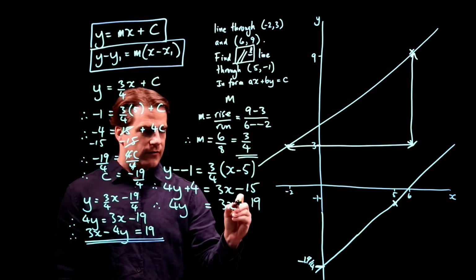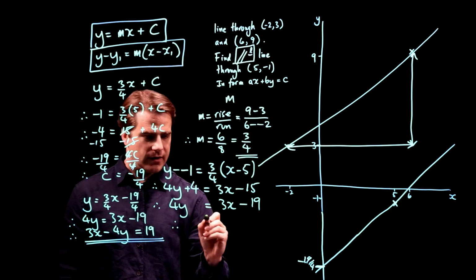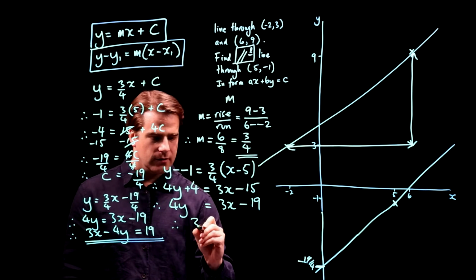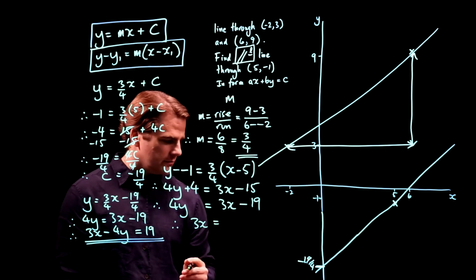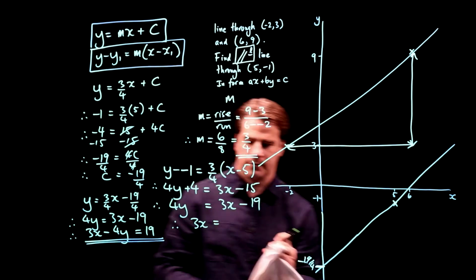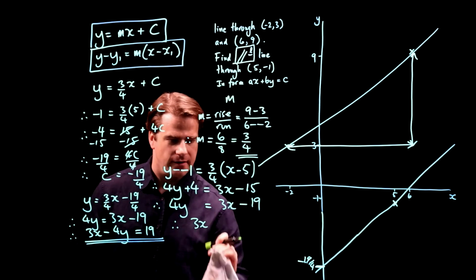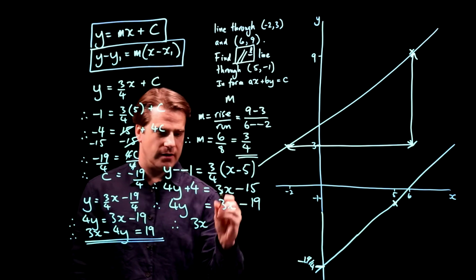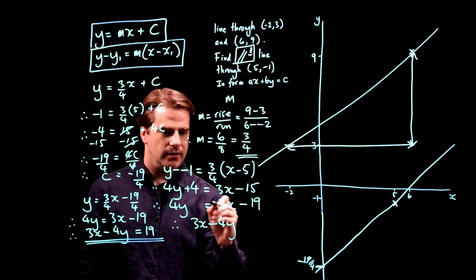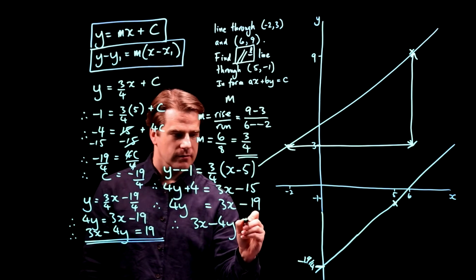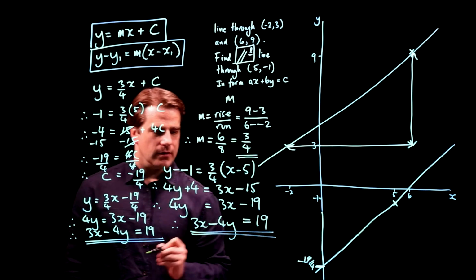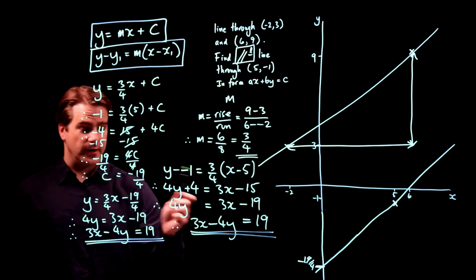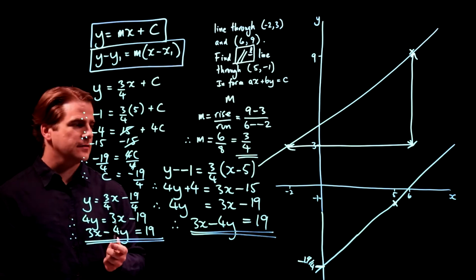You need to bring the 4y over here, the 19 over here, so we get exactly the same thing. We get 3x minus 4y is 19. Okay, and as we expect, we get the same answer.